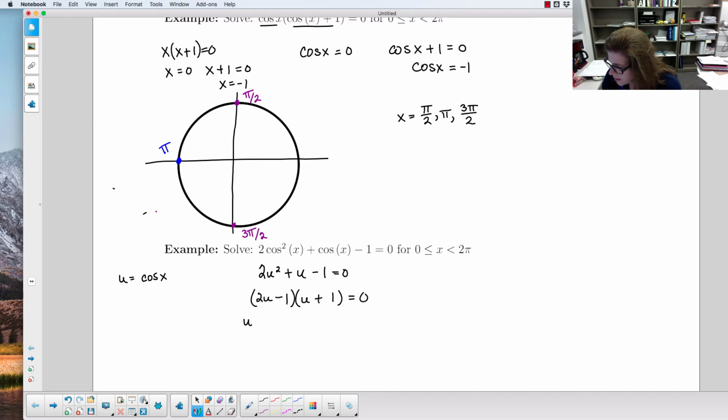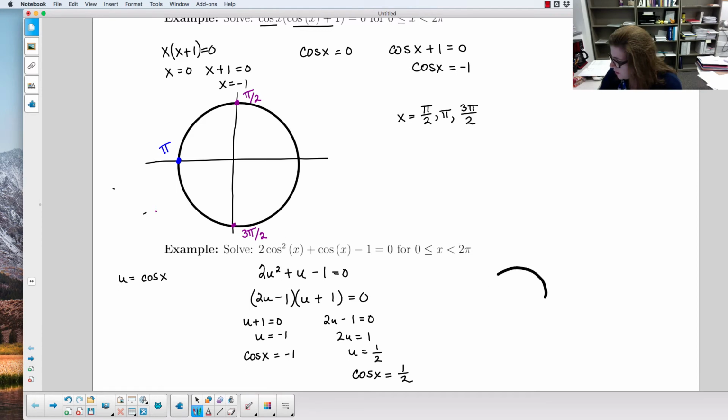So u plus 1 equals 0 gives me u is equal to negative 1. And 2u minus 1 equals 0 gives me 2u equal to 1, u is equal to a half. Now we know that u is cosine of x, so that really means I'm looking for angles that make cosine of x equal to negative 1 and cosine of x equal to a half.